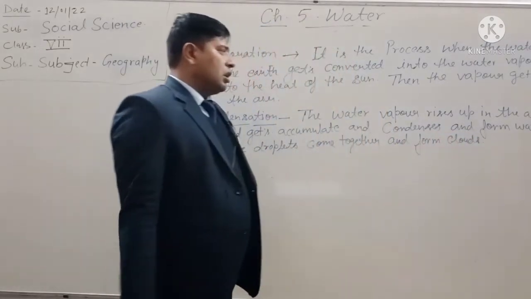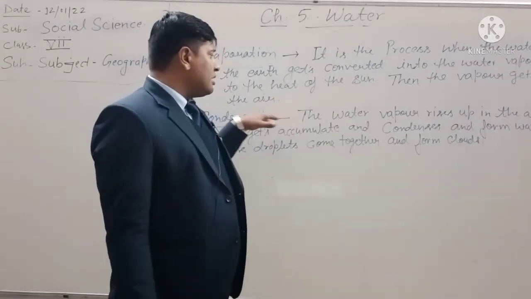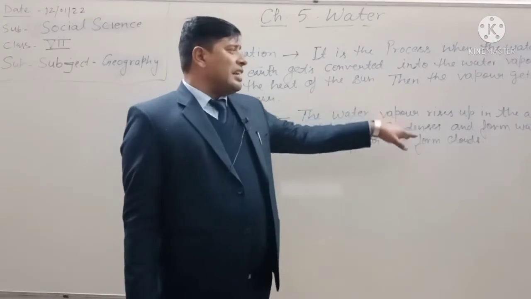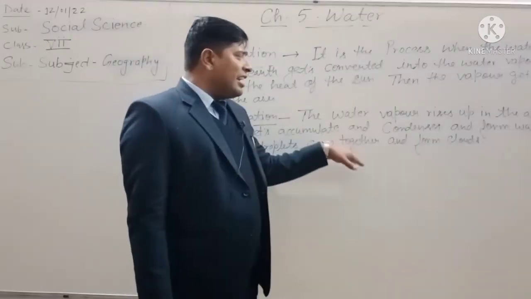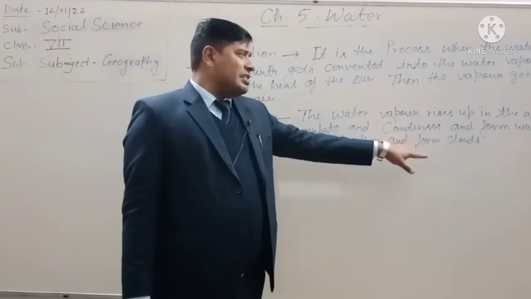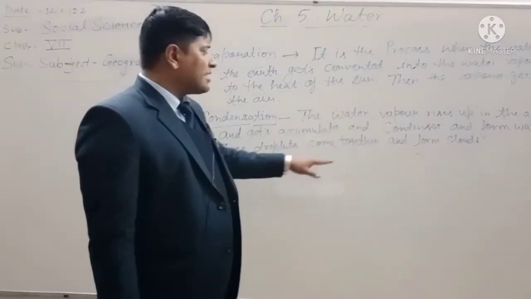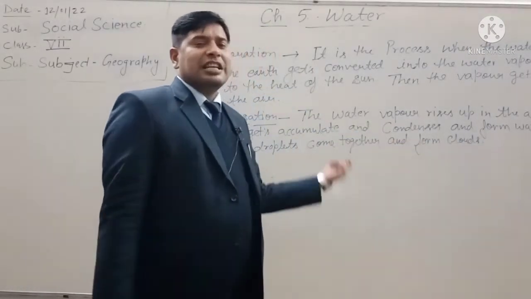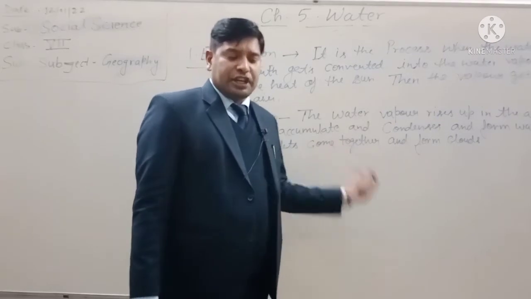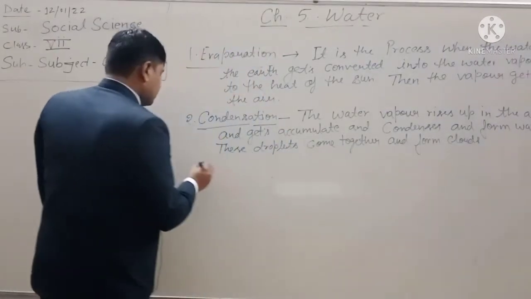Students, what is condensation? The water vapor rises up in the atmosphere and gets accumulated, condenses and forms water droplets. These droplets come together and form clouds. This process is known as condensation. The third one is precipitation.